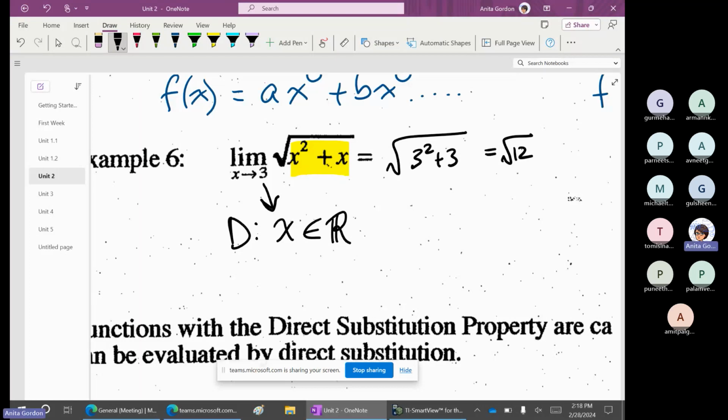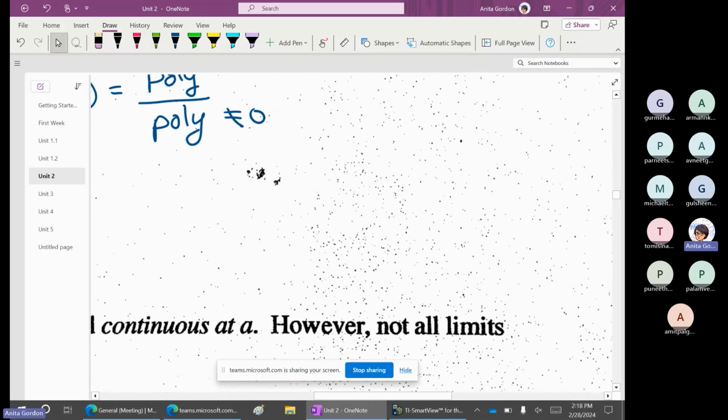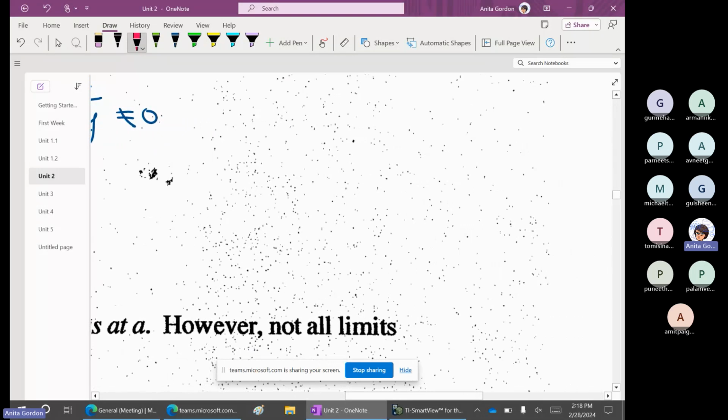Can you simplify this? I'm going to exercise your radicals. How did you get that? This is like 4 times 3 simplified. Okay, can you simplify the following?